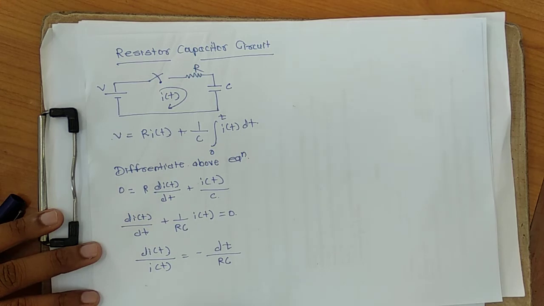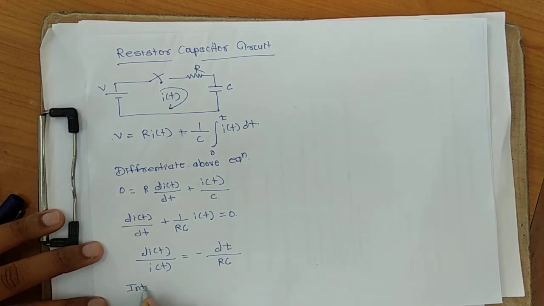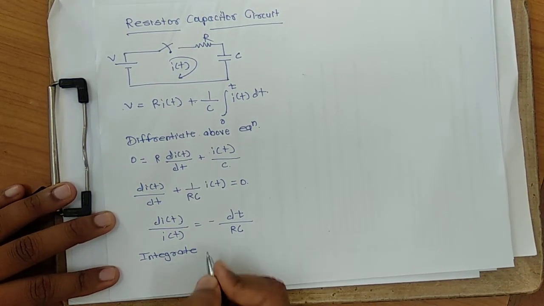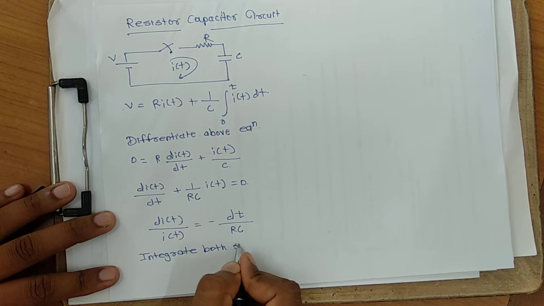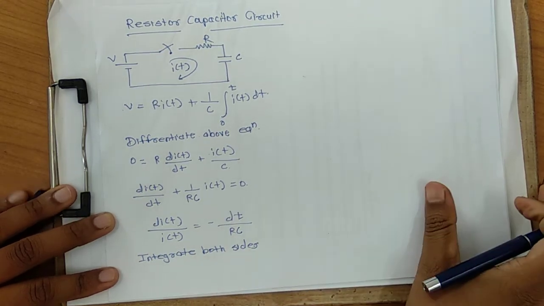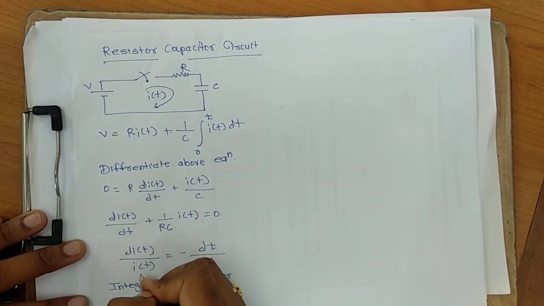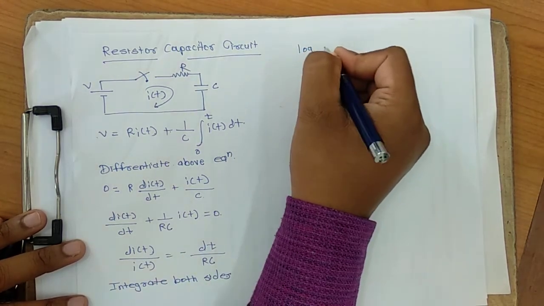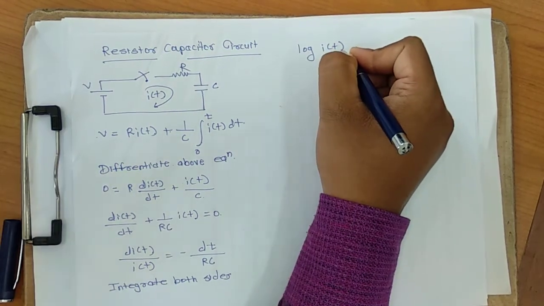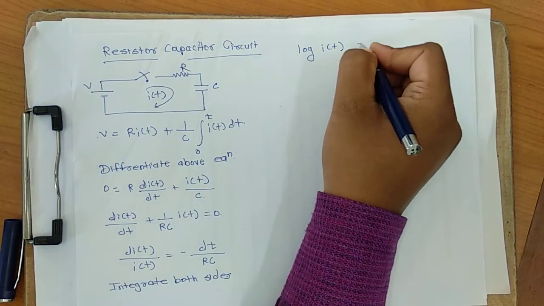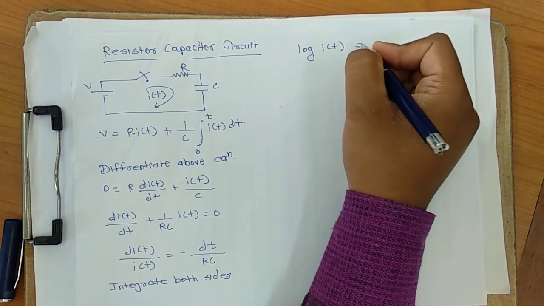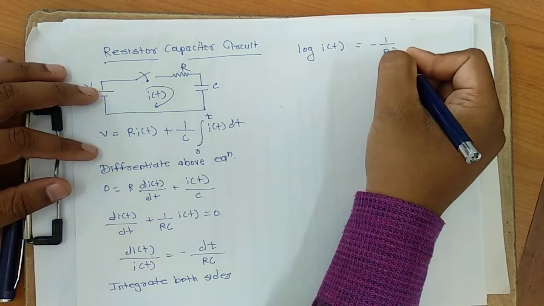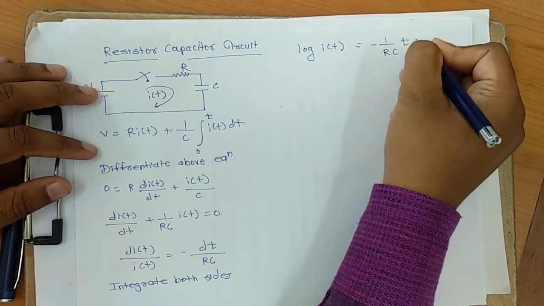So integrate both sides. You will get the integration of this, log of I of t, is equal to minus 1 by RC, and the integration of dt is t, plus k.